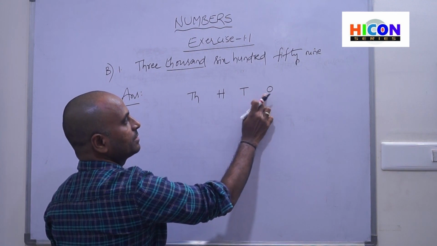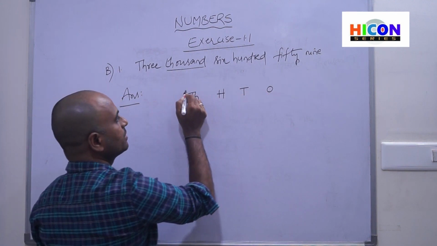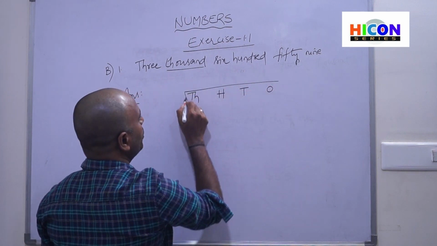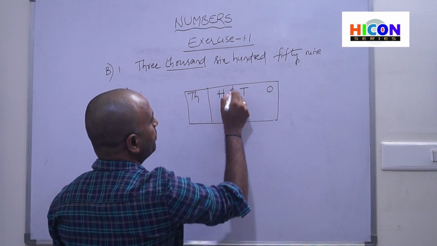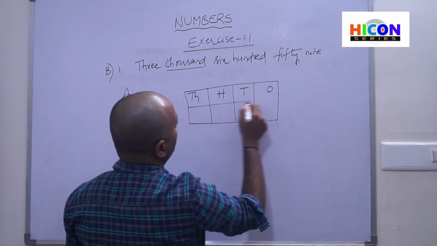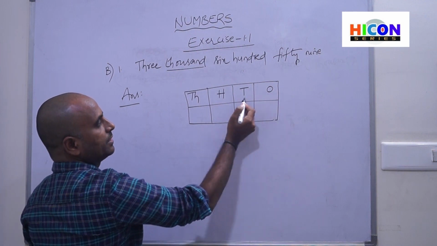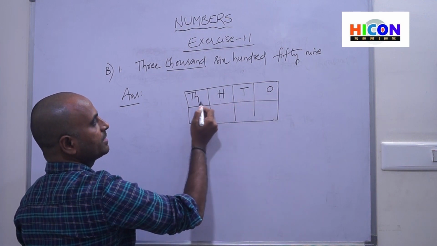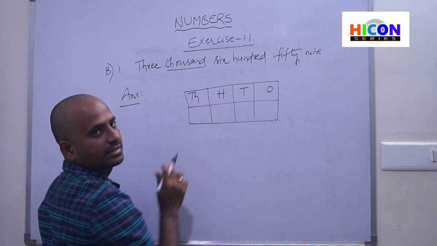So ones place, tens place, hundreds place, thousands place. Now insert the digits from the number name in the place values.